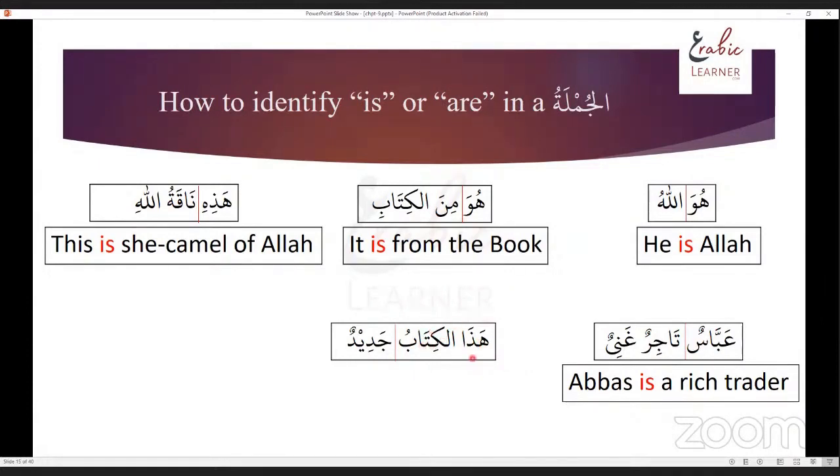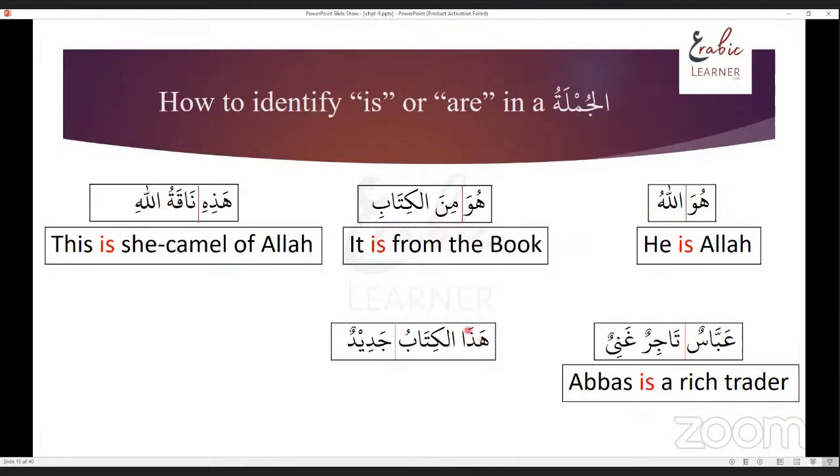This is the relationship of ismul ishara and musharun ilayh. هذا كتاب is different. هذا الكتاب is different. There is "al" here. It is very important: the moment "al" comes, it becomes musharun ilayh.